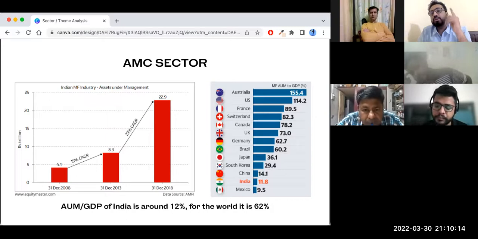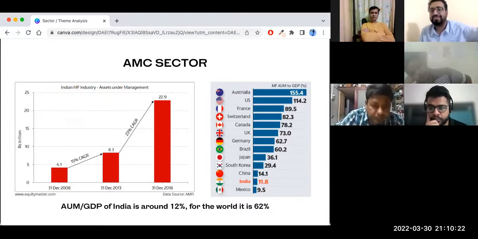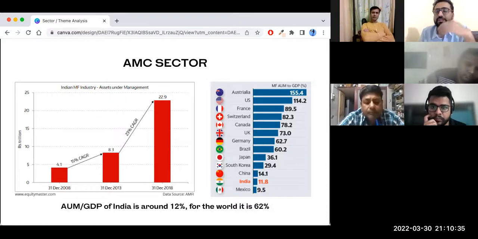Right? So, though mutual funds might not be a good way for you to put money into and make growth, if you invest in mutual fund companies, if you become part owner of mutual fund companies, then you can definitely benefit because the mutual fund industry is growing really big.